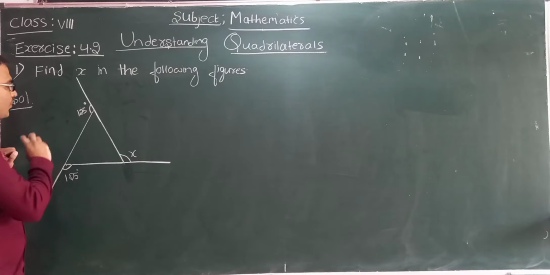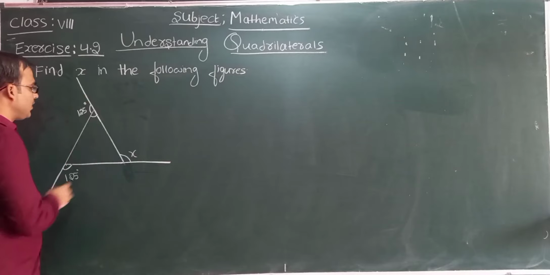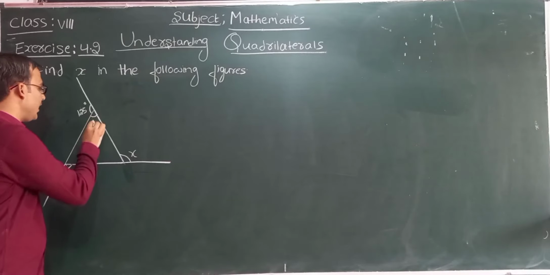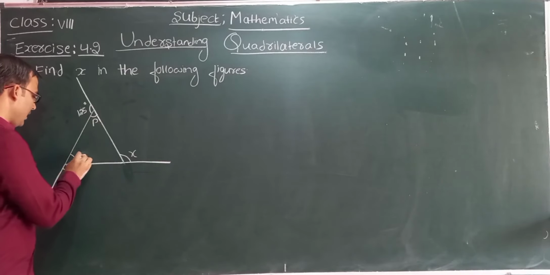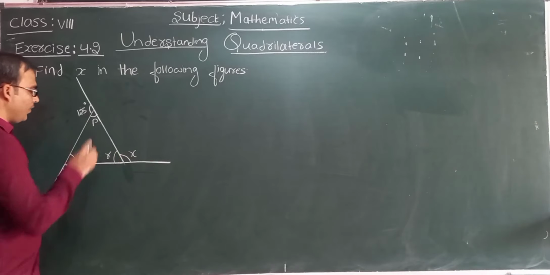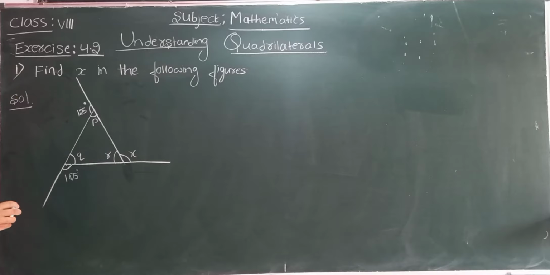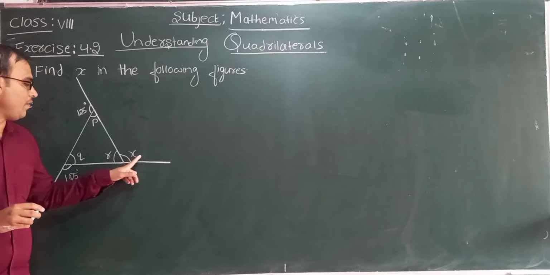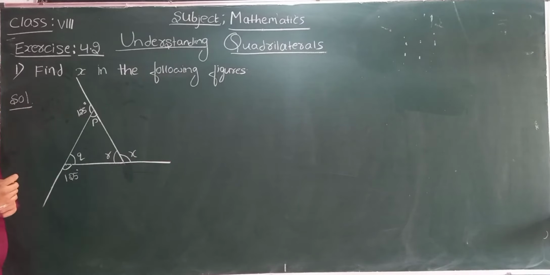First, look here, we'll name these angles, that is angle P, angle Q, angle R. Now, how to find the value of x? We know that the sum of exterior angles of any polygon is 360 degrees.